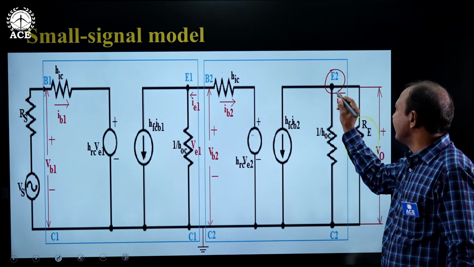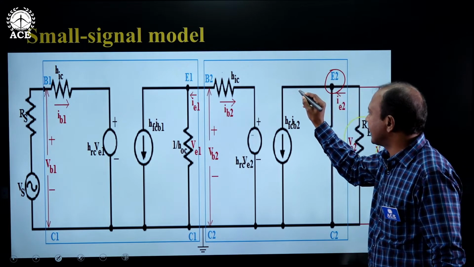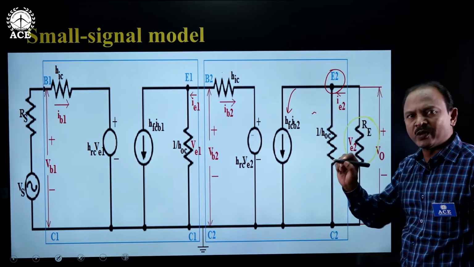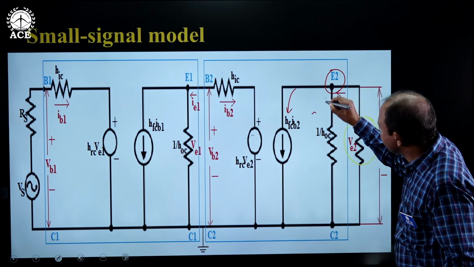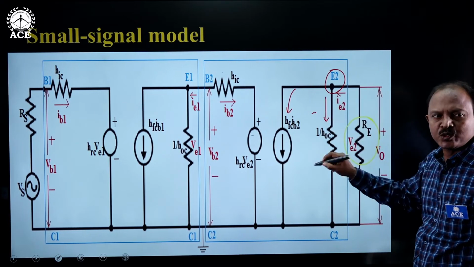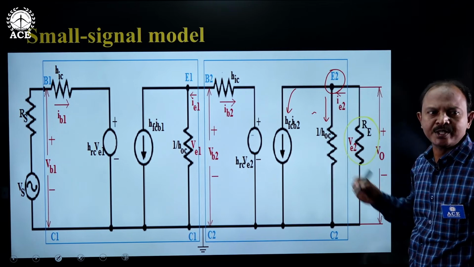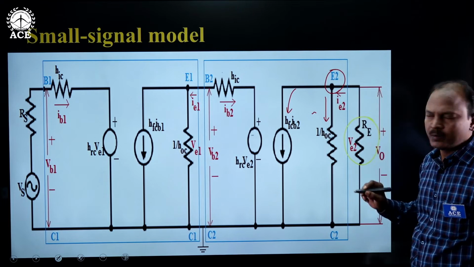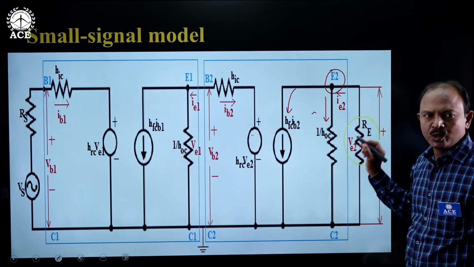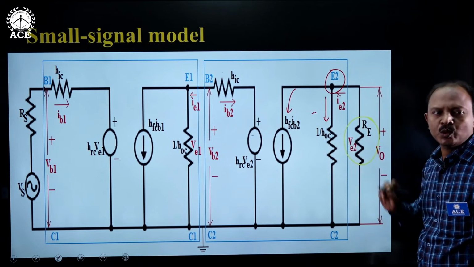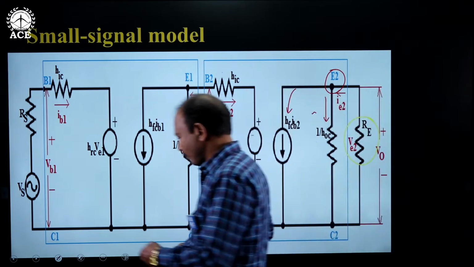Then 2 currents are leaving from this node E2. One current is HFC IB2. The other current is the current into 1 by HOC, meaning VE2 by 1 by HOC, that means VE2 into HOC. So KCL at node E2 should be IE2 equal to HFC IB2 plus HOC VE2. That's what we should write here.